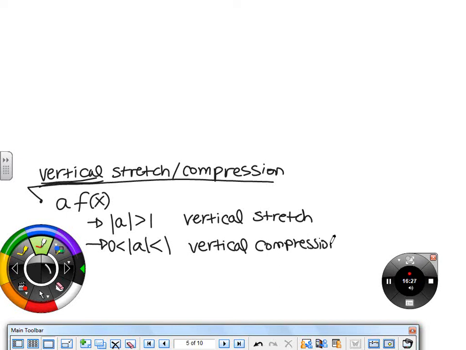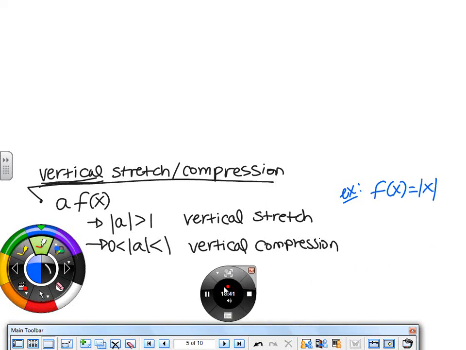So you guys should actually be able to give me the examples in this sense if we use the absolute value as the parent function. Can somebody give me an example, if this is my parent function, absolute value, of how I could change that equation to show a vertical stretch from the initial parent function?